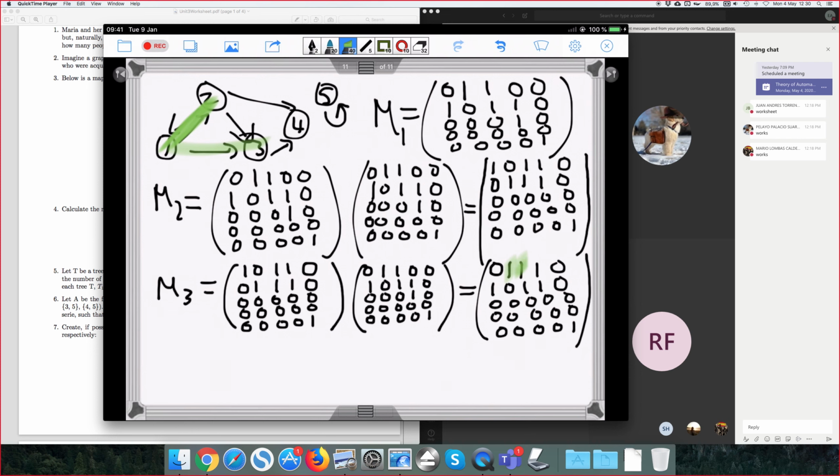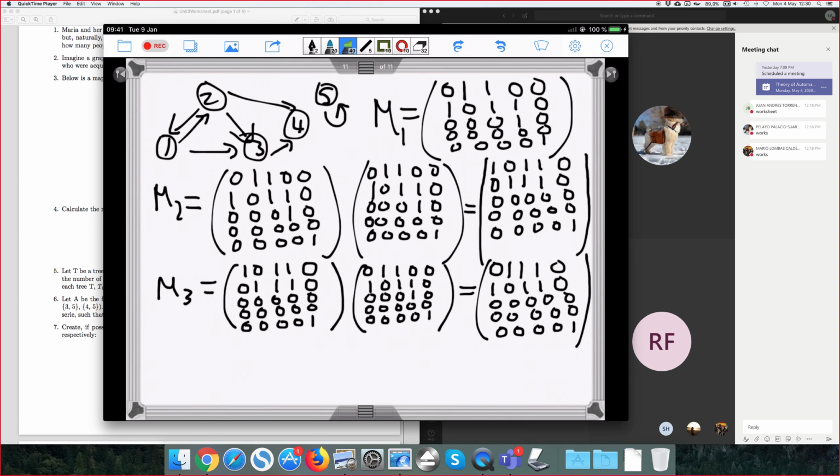So this one here. And I can also do 1 to 2 to 3 to 4. So this one here. And of course I cannot go to 5, and I cannot go to 1 because for that I would need an even number of arrows.